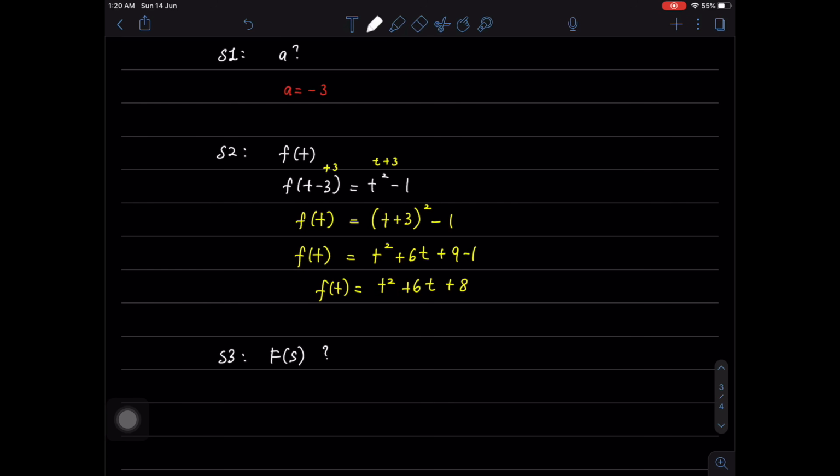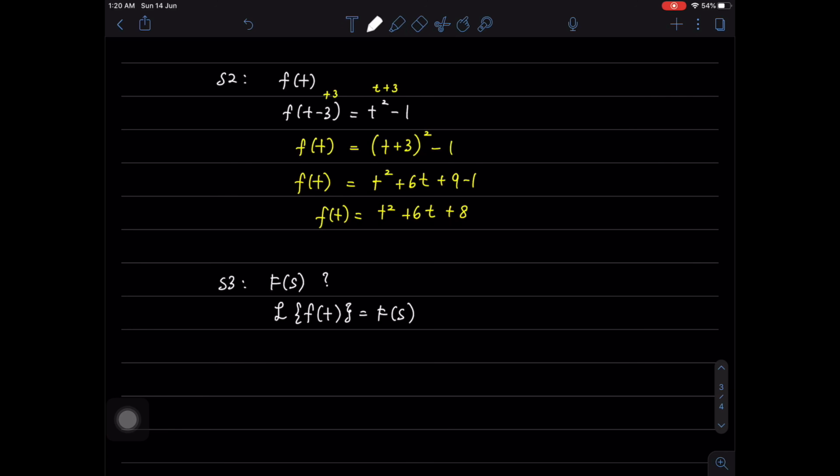What is F(s)? F(s) is the Laplace transformation of f(t). To find F(s) for this equation, we need the Laplace transformation of f(t) equal to t² plus 6t plus 8.